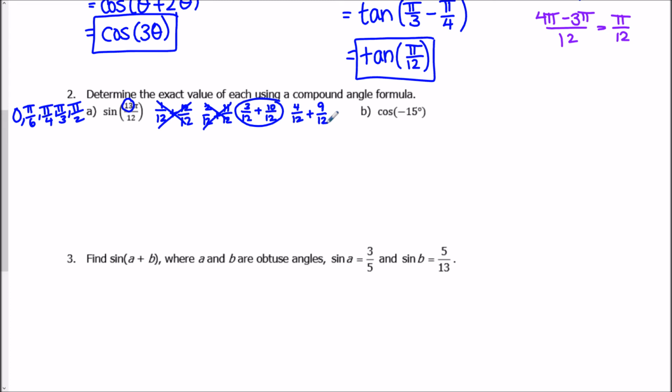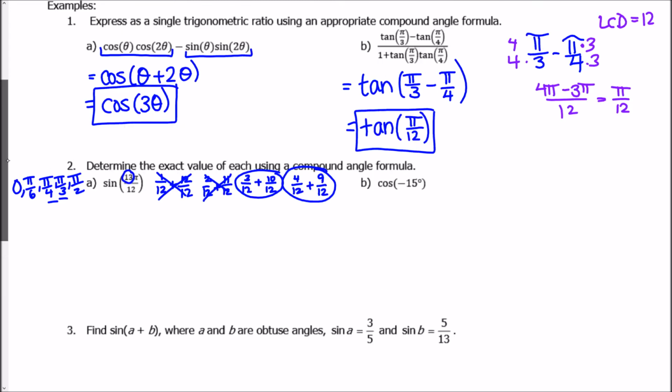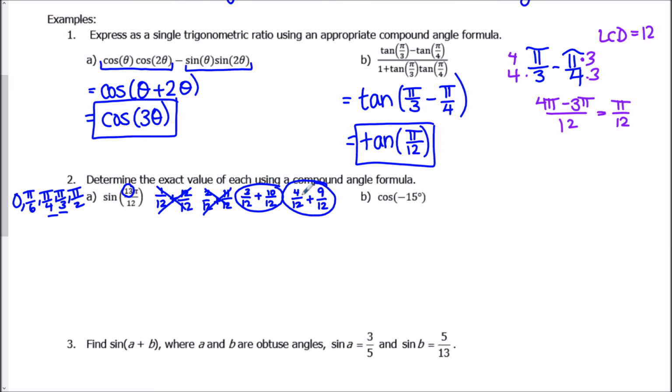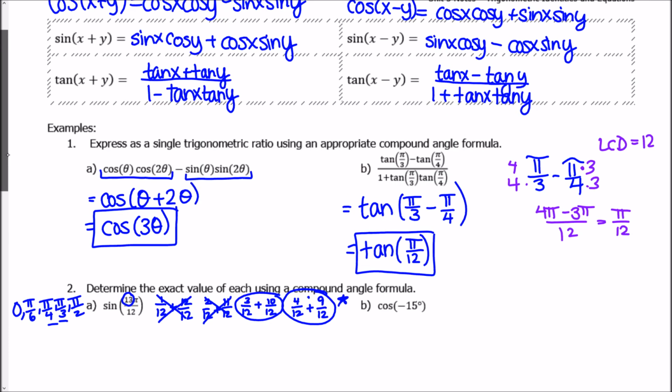If I were to use that, I know 4 over 12 will give me 1/3, and I know 9 over 12 will give me 3/4. So I've got these multiples right here, so I could use this one as well. It's up to you which one you want to use. I'm going to use this one right here. Either way, you should get the same, right answer.